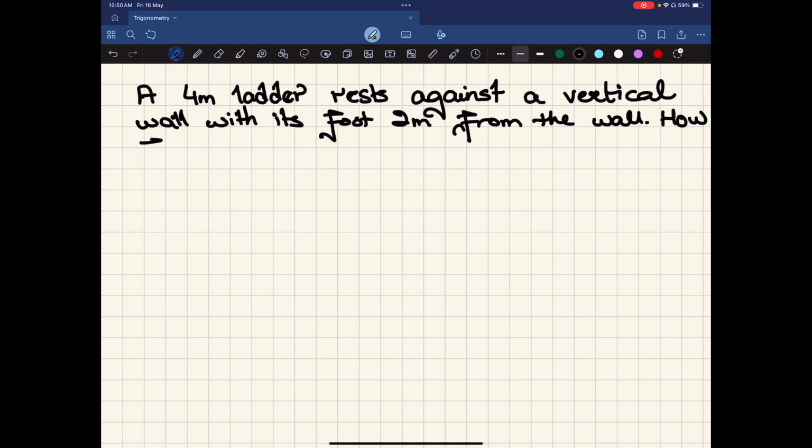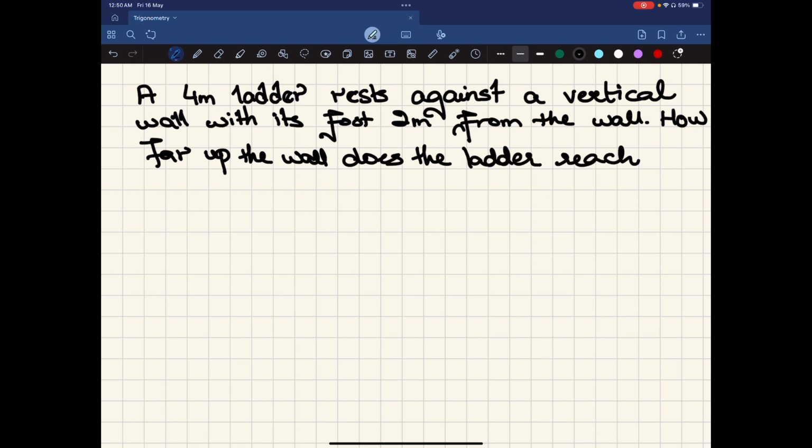How far up the wall does the ladder reach? Okay. A 4-meter ladder rests against a vertical wall with its foot 2 meters from the wall. How far does the ladder reach?